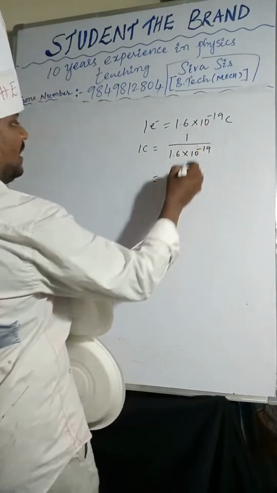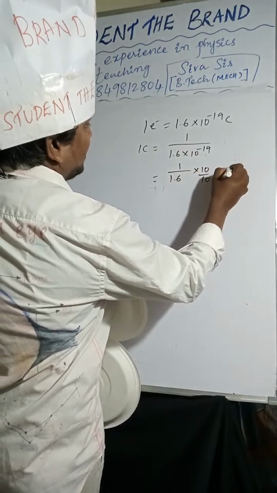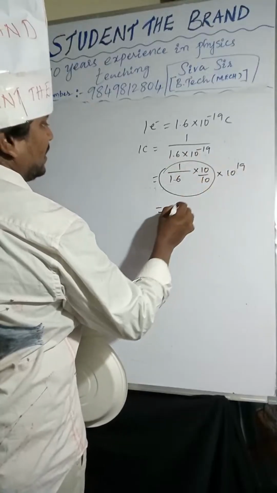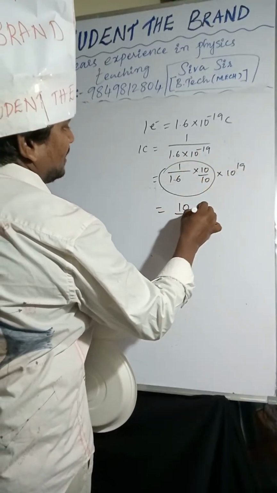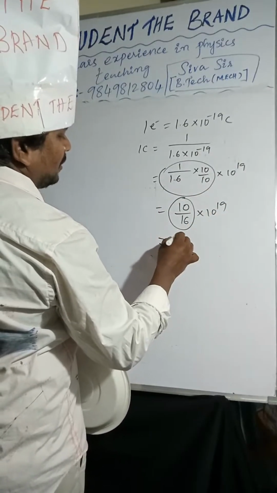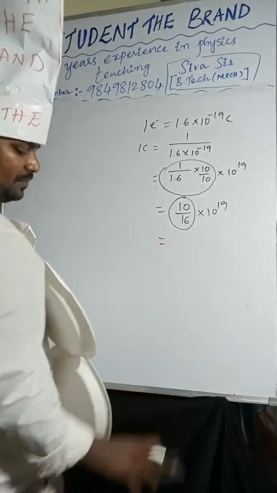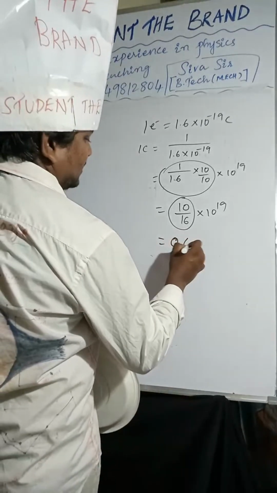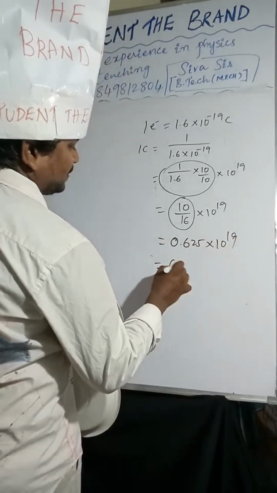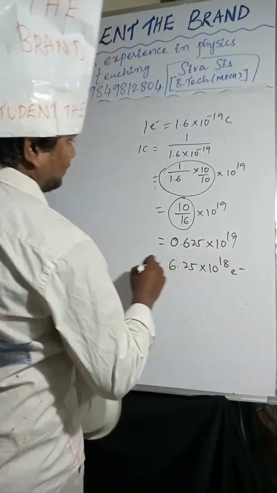If you solve this, 10 by 16 into 10 power 19, you get 0.625 into 10 power 19. So that is 6.25 into 10 power 18 electrons. This is the number in 1 coulomb.